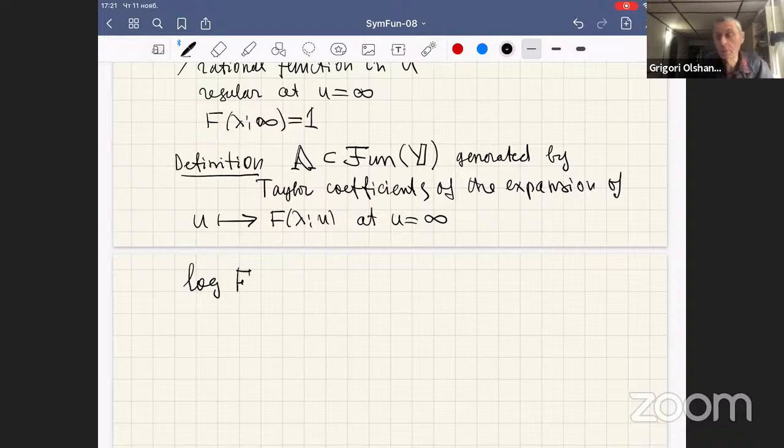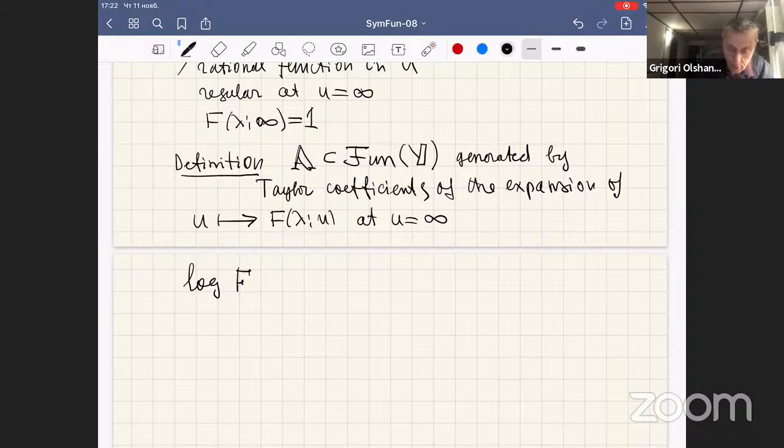This is the same, because if you have a function which equals 1 at infinity, the coefficients in its expansion and the coefficients in the expansion of the logarithm generate the same algebra of functions. Here they become functions in lambda, which appears as a parameter.